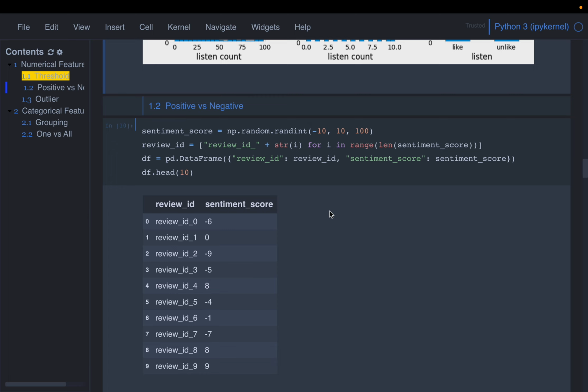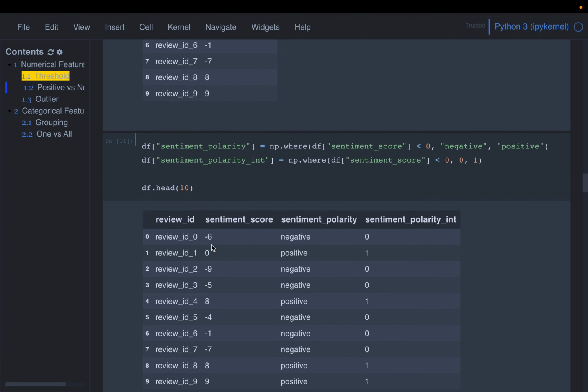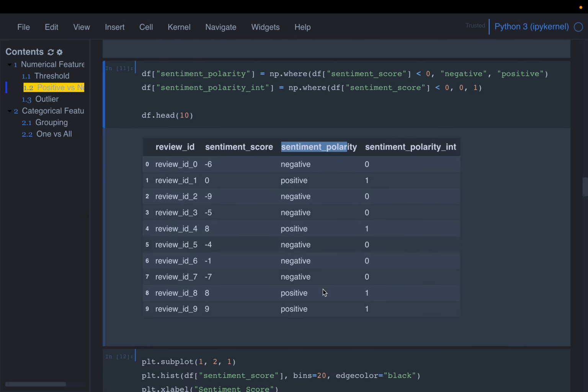We want to again find out whether it is a positive review or negative review. So we can simply check the polarity by checking if the number is positive or negative. So this is the actual raw data. Here we have found the polarity, which can be either negative or positive, and then this is the numerical version of this categorical variable.